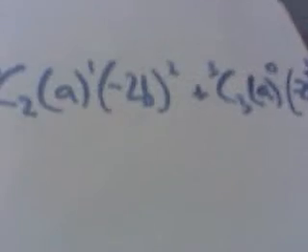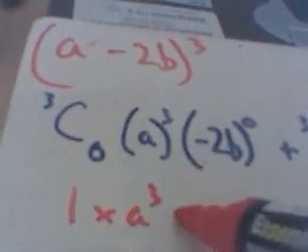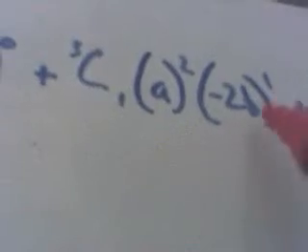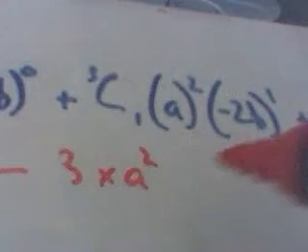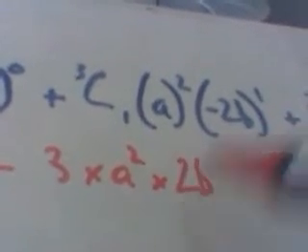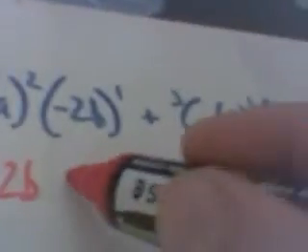Now let's try and work part of it out. Back to the beginning. We've got 1 multiplied by a cubed multiplied by 1. Be careful of this bit, because it's not going to be positive anymore because we've got a negative coming in. So we've got negative 3 times a squared times 2b. We've resolved that negative sign at the front already.